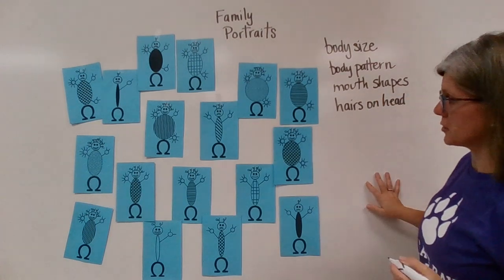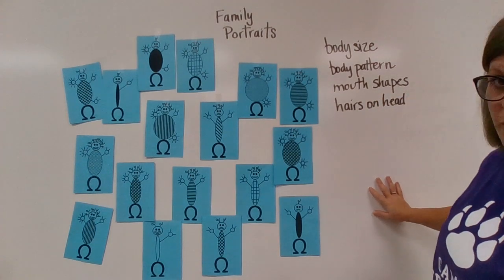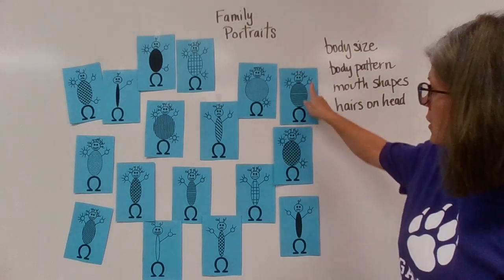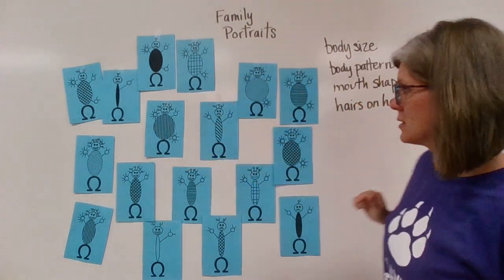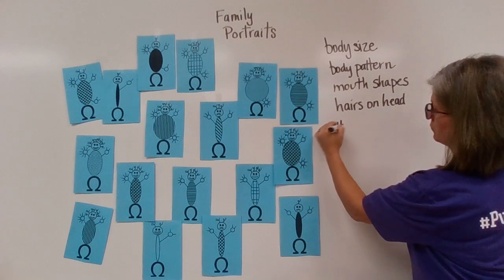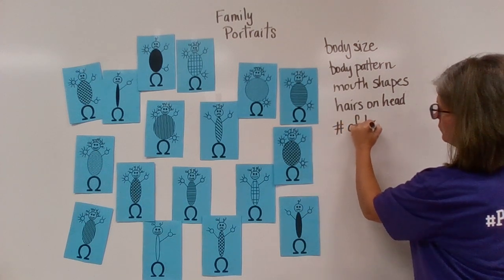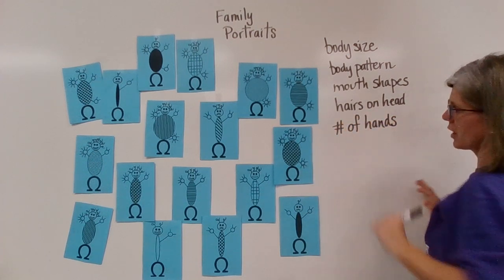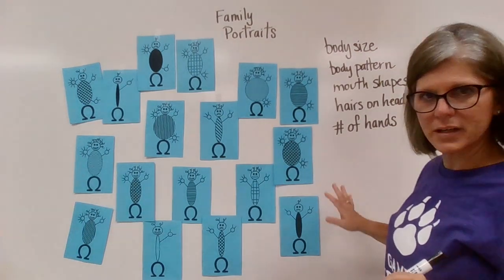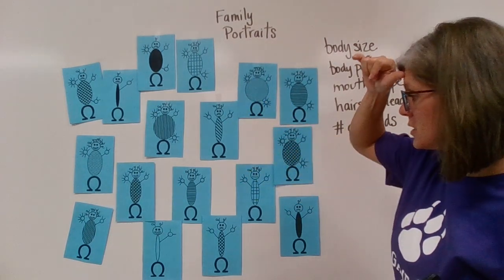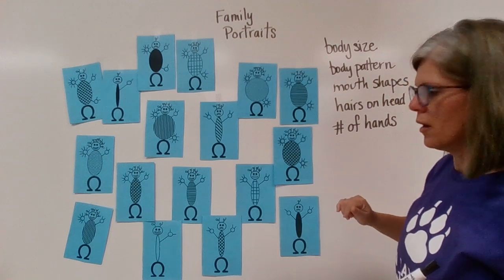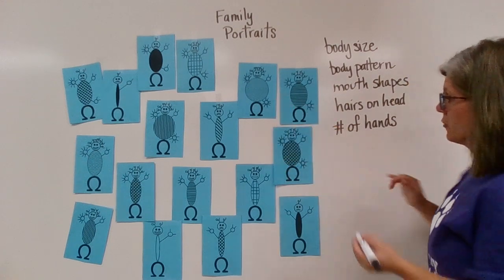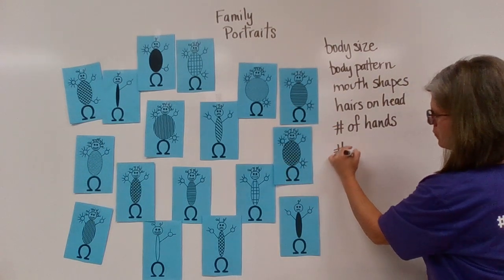It looks like another characteristic that might be different amongst them is the number of hands. And then if we go a little bit further looking at these pictures, we'll notice that on the hands, there's also fingers, and those finger numbers are different too.